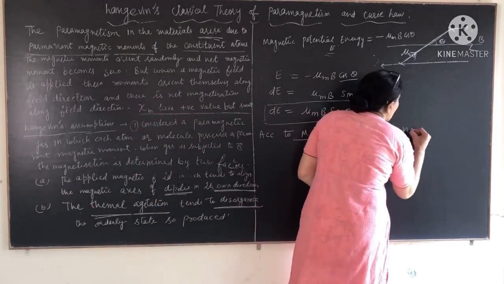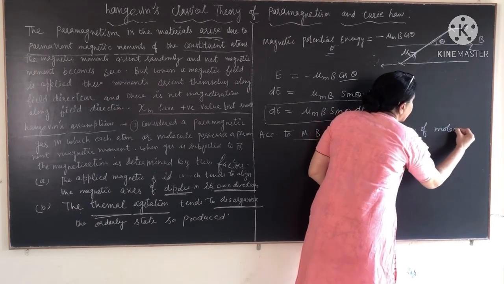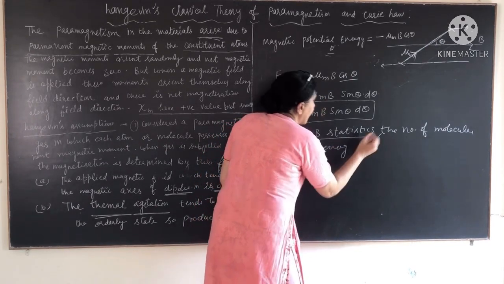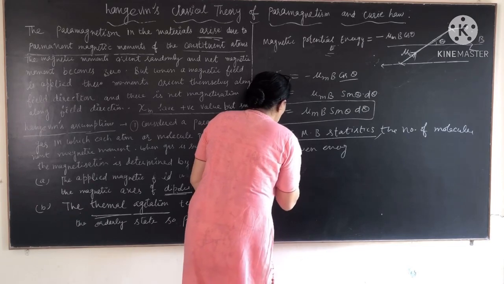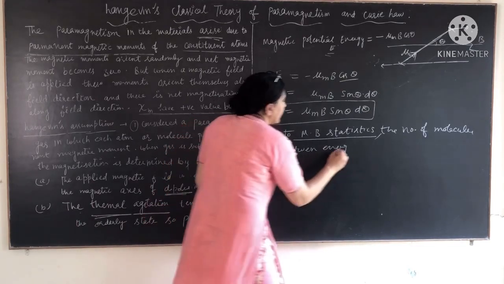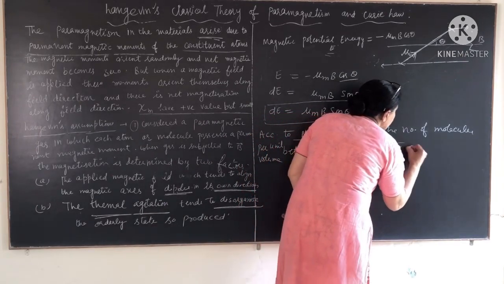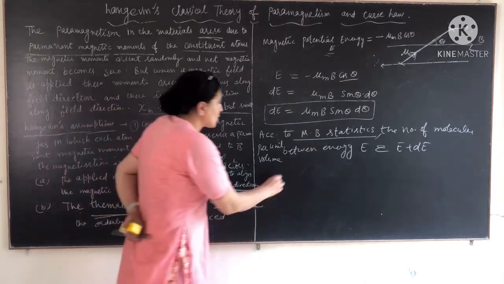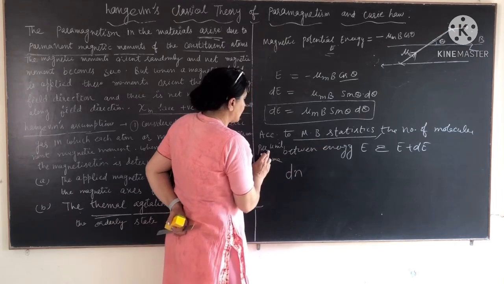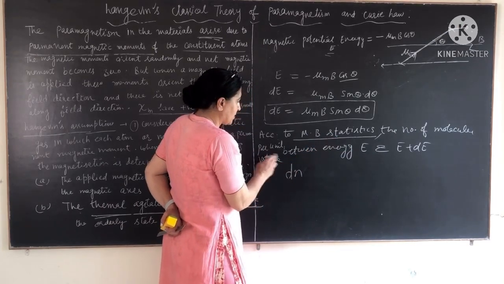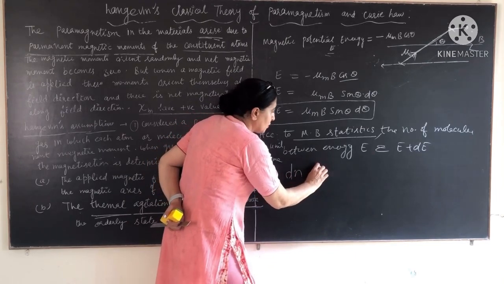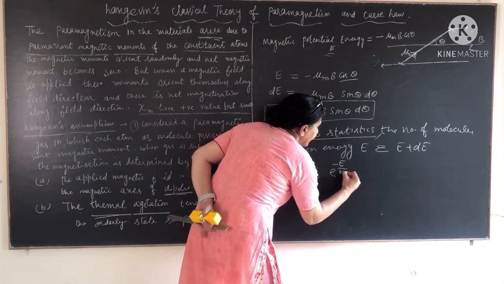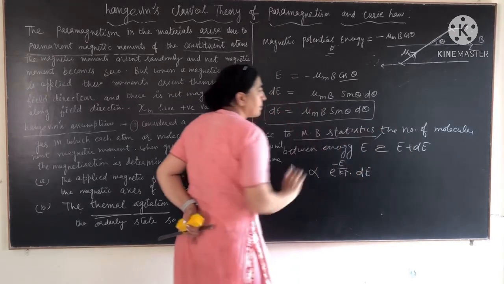According to this, the number of molecules or atoms per unit volume between energy E and E plus dE, we consider dN, is proportional to e raised to power minus E over kT into dE.